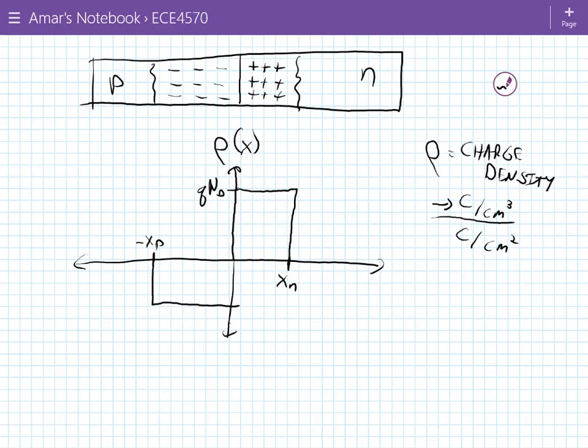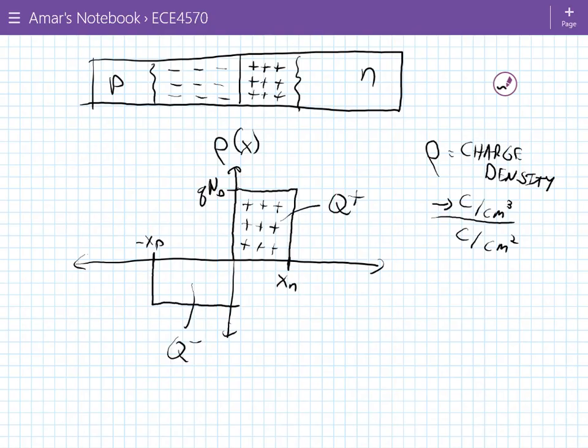Okay, so the total charge in here is the area under the curve. So the area here is Q plus, the area here is Q minus.